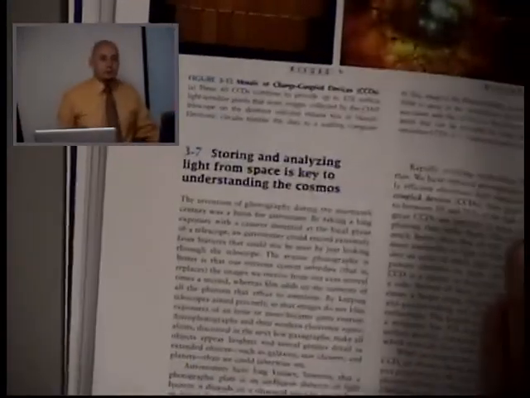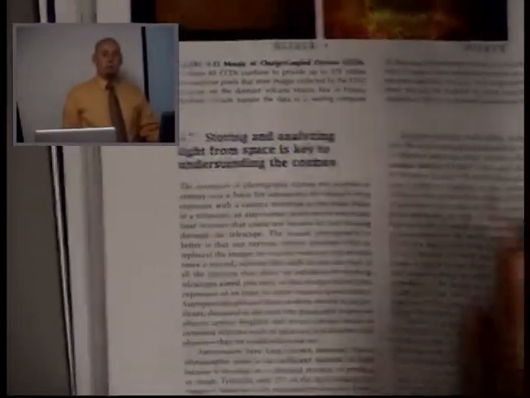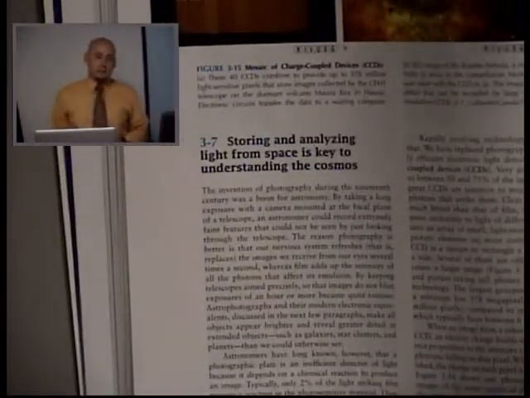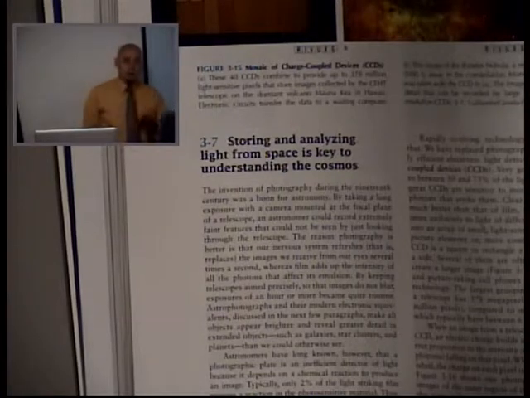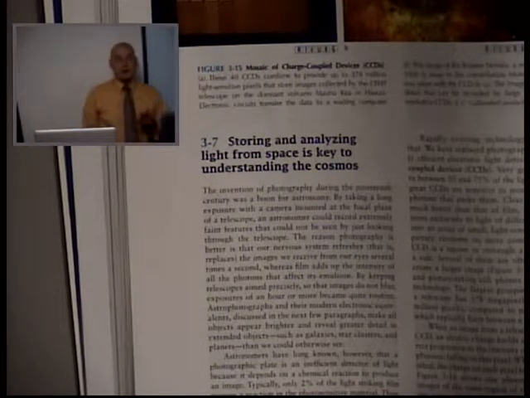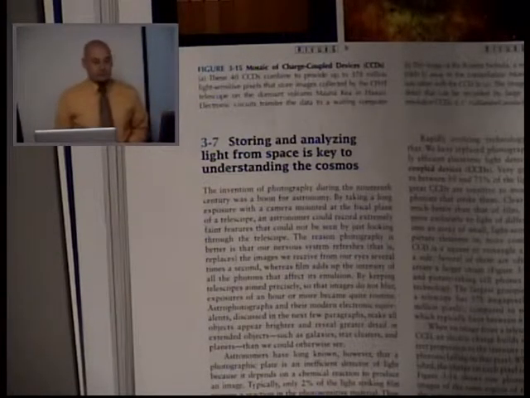Now, one of the exciting areas, a new technological development, is talked about on page 80 in this text: how do we analyze this information and how do we store it. Virtually all light that is collected now is stored digitally. And we do this because that allows us to do so much more processing. It's much faster. It's much easier.